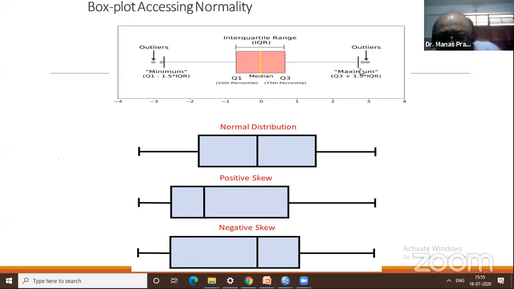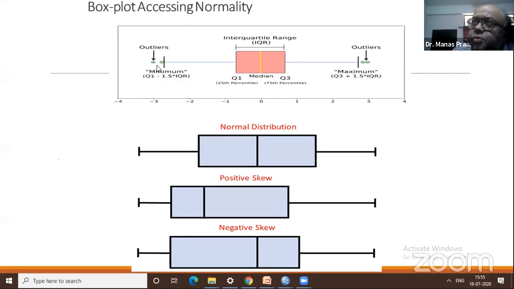Now, if any points fall outside these whiskers, they are called outliers. I'll show you how to make this one. If some point falls outside the whiskers, then it is called an outlier. If there are outliers in your data, then there is a possibility that your data does not follow a normal distribution. So you have to study whether any outliers are there in my data. Outliers means extreme observations.